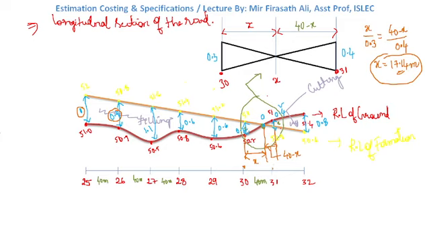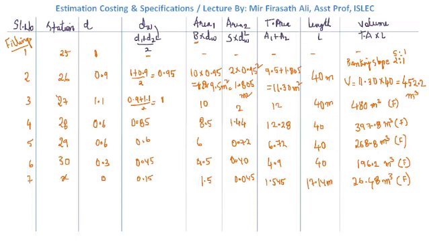At these two stations 31 and 32, we are doing the cutting. So I will insert this 8 and 9. 8 and 9 is for cutting.